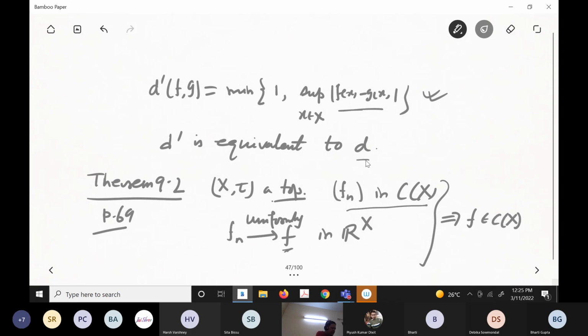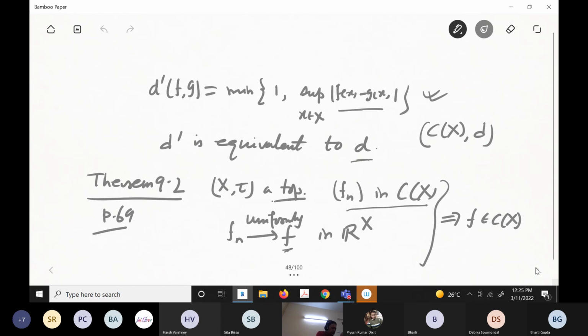Now look, with this metric, R to the power X is a metric space, and I am getting this. What does that actually mean? C(X) is a complete metric space.